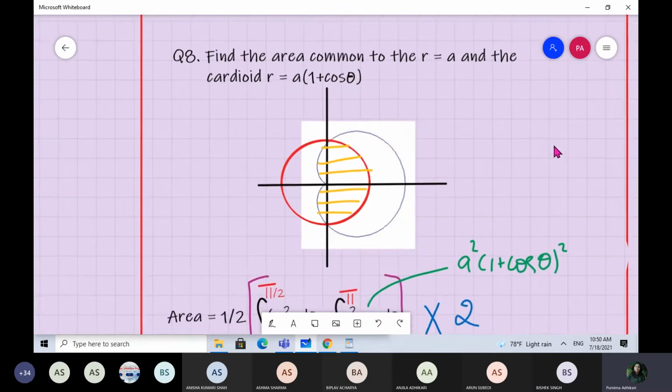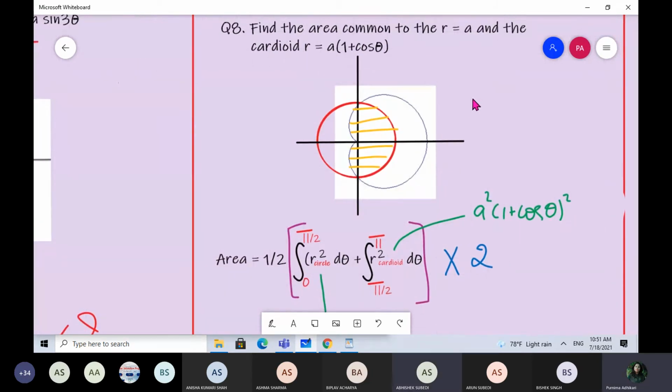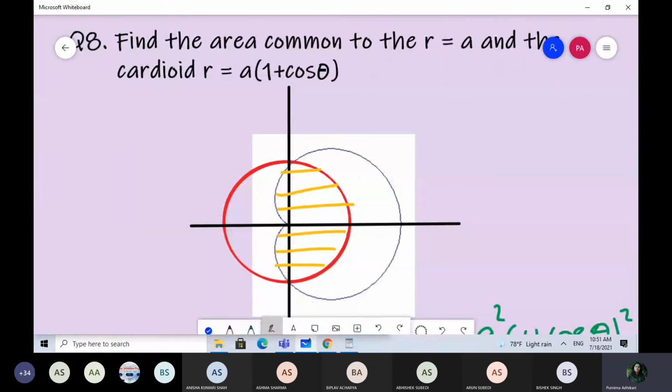So pi by 2 intersection गरे हेरा. त्यो भर्खर चाहिँ डिसाइड गरेन हामीले, pi by 2 मा r for cardioid and r for circle will be the same. Cardioid को पनि a आउँछ नि हैन, pi by 2 र 3 pi by 2 मा. So you can see this area can be divided into two parts like this.